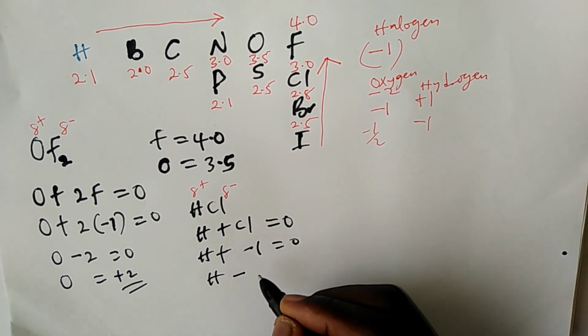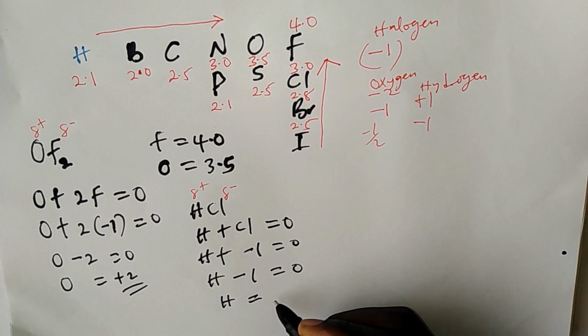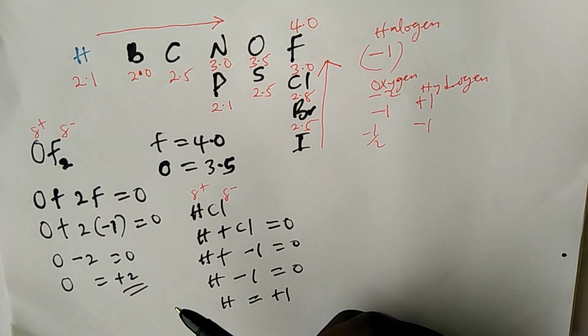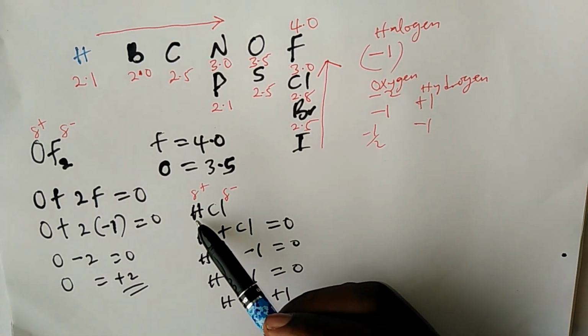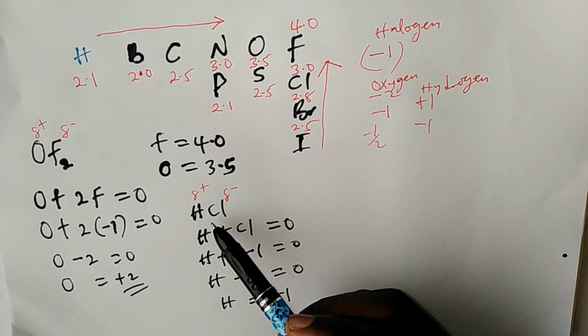Hydrogen is equal to +1 when you carry it to the other side. Now, when written correctly, the element you are looking for, its oxidation number, is usually written at the left, while the one whose oxidation number you already get from the periodic table is written on the right.